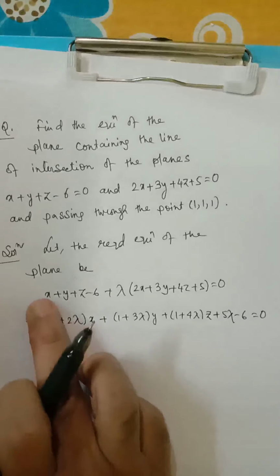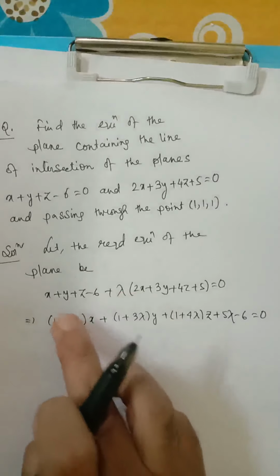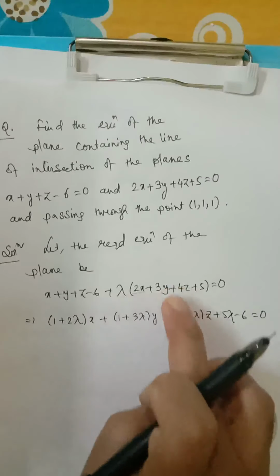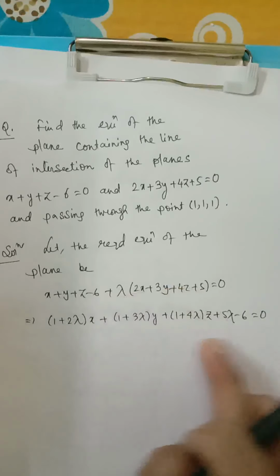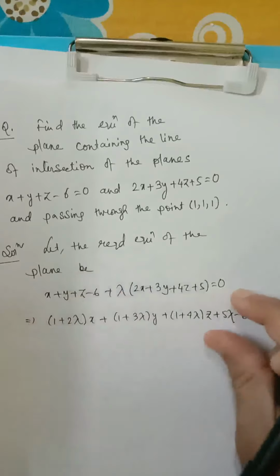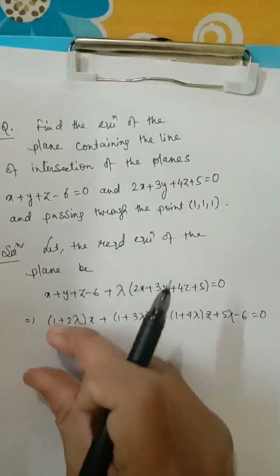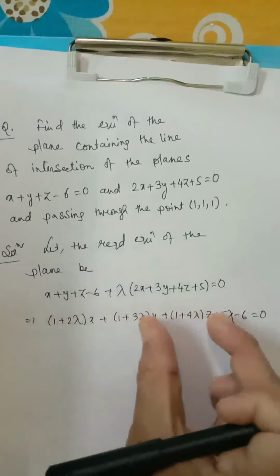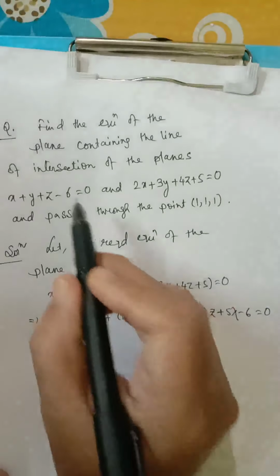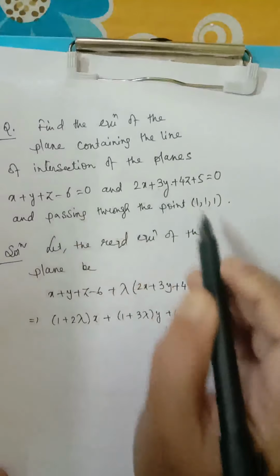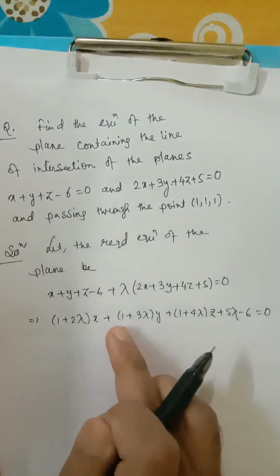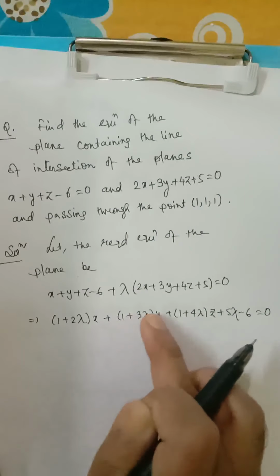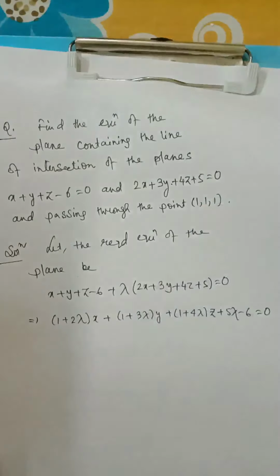Taking the x terms, I have taken x common; taking the y terms, I have taken y common. In this way I have arranged the terms. So this is the required equation of a plane which passes through the line of intersection of these two planes. Now the required plane also passes through the point (1, 1, 1).